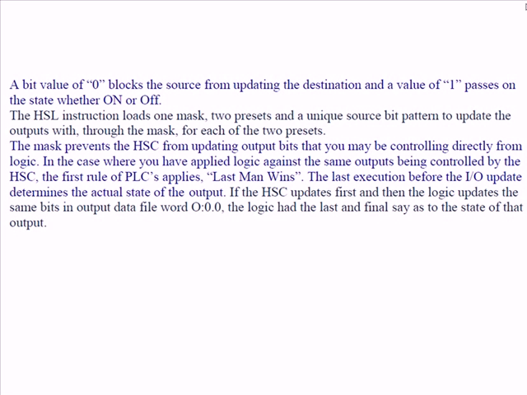If the high-speed counter updates first and then the logic updates the same bits in the output data file word 0, the logic had the last and final say as to the state of that output. I don't think you would do that on purpose, to write code that controls an output and try to control it directly from a high-speed counter. But nonetheless, if it happens, this is the rule.